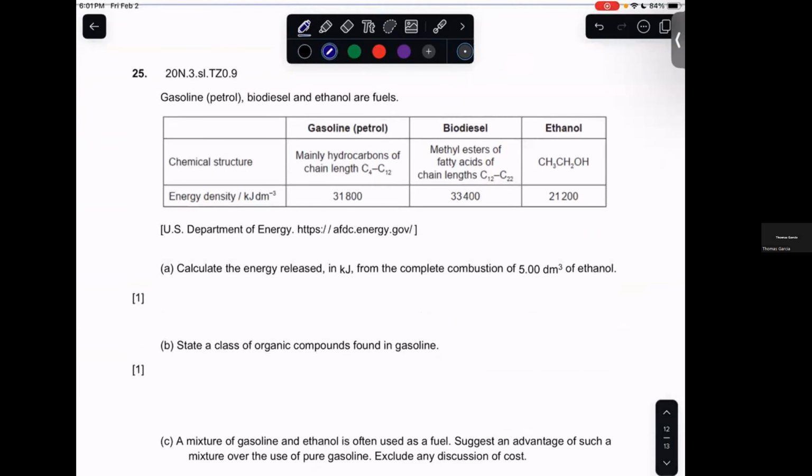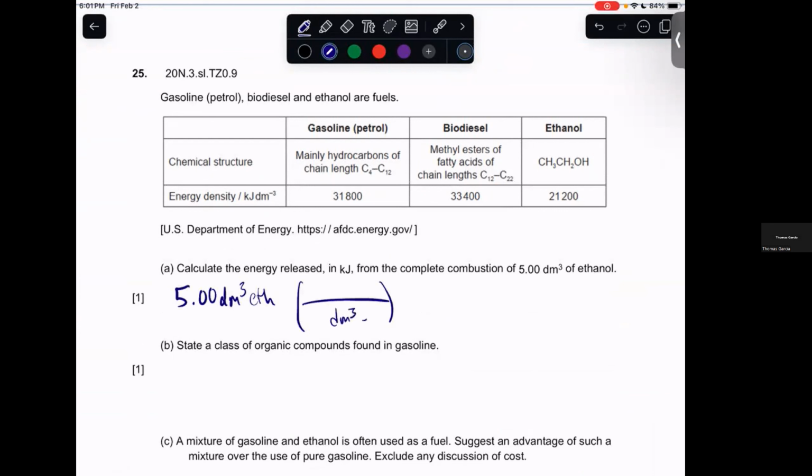All right. Gasoline, petrol, biodiesel, and ethanol are fuels, and we have a bunch of data on them. Calculate the energy released in kilojoules from the complete combustion of 5 decimeters cubed of ethanol. Y'all, I'm going to do my favorite thing, which is use stoichiometry for things that aren't even really stoichiometry. But I'm going to start with 5.00 decimeters cubed of ethanol. Now, I'm trying to cancel my unit, so I'm going to drop it like it's hot.